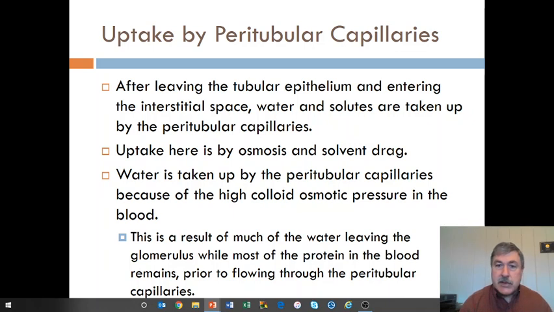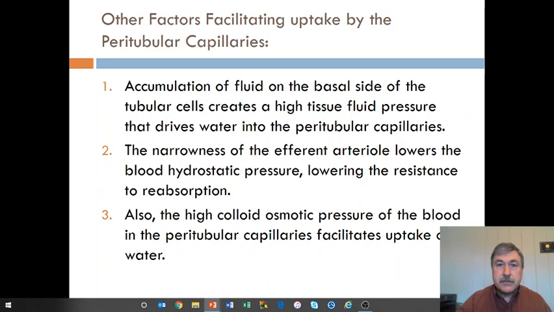So most of the substances are just taken up by osmosis, and also some electrolytes and other solutes are taken up by solvent drag along with the movement of that water. Some other factors that facilitate the uptake by the peritubular capillaries is the accumulation of fluid on the basal side of the tubular cells, which creates a higher fluid pressure that drives water into the peritubular capillaries.